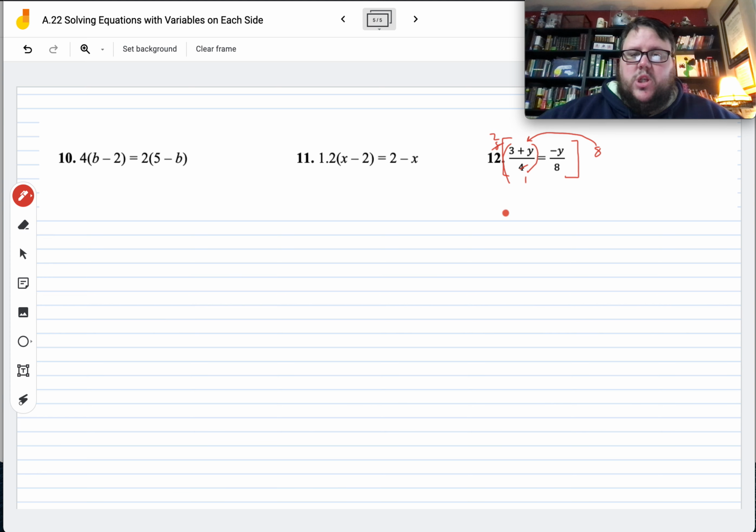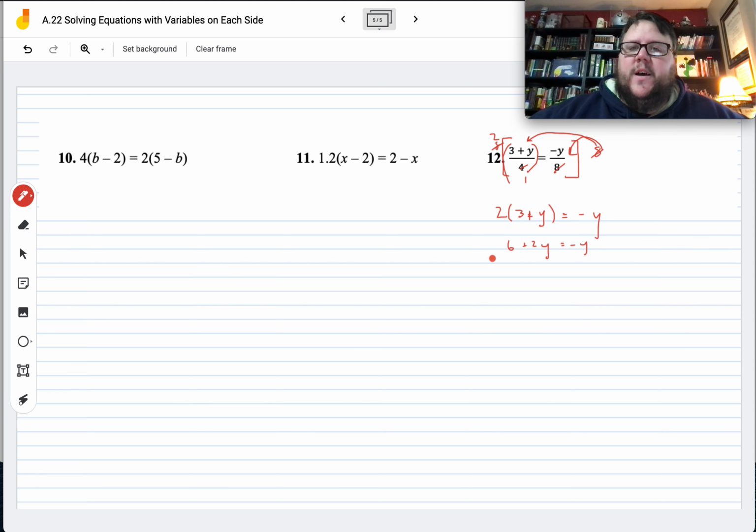So then I get 2 times 3 plus y equals, and then when I multiply this side by 8, the 8's cancel. So it's just negative y. Makes it a much quicker and easier problem. So 2 times 3 is 6. 2 times y is 2y. So plus 2y equals negative y.